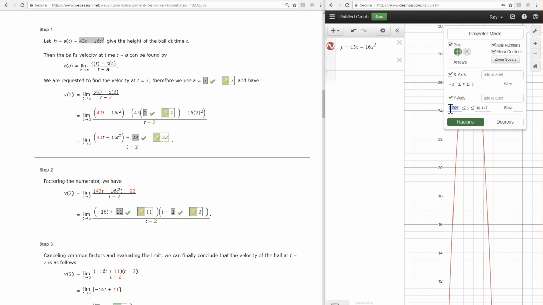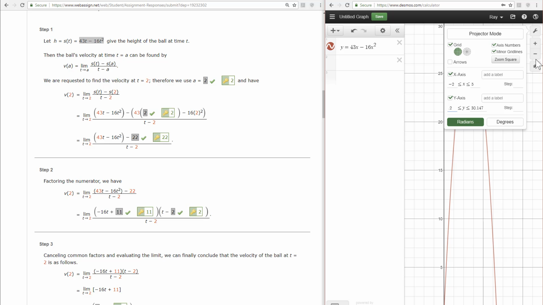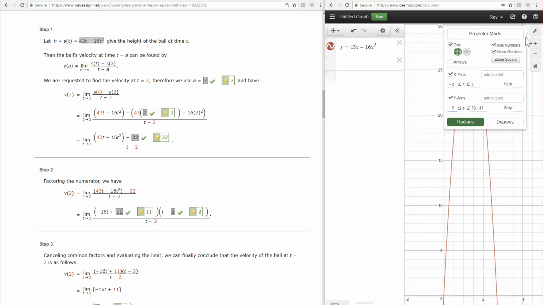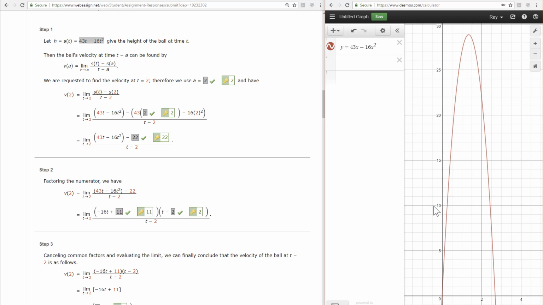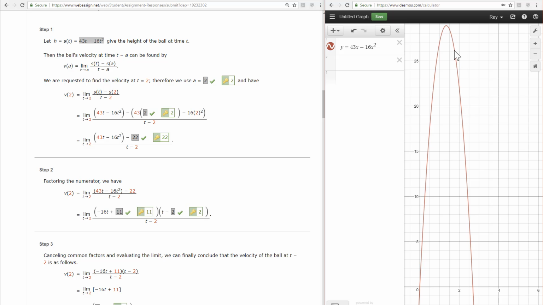And then our height, let's go from negative 2 to 30. I think we had 30 there, so maybe that's fine. Okay. So t equals 2 would be somewhere over here. Our y value is 22, which we also were able to get.